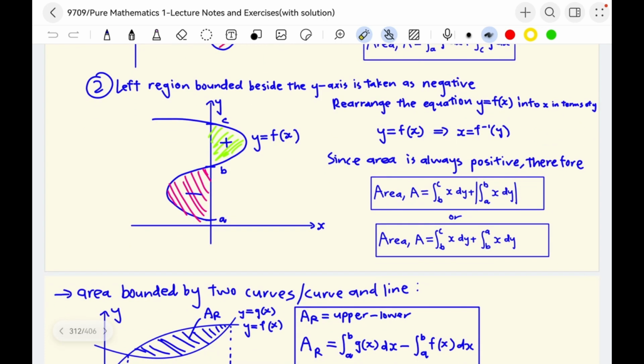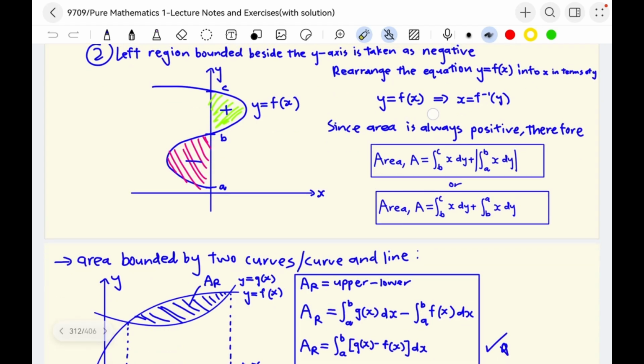Since the area is always positive, what it takes into account is the positive region, which is on the right of the y-axis. Otherwise, on the left-hand side, it is taken as negative.